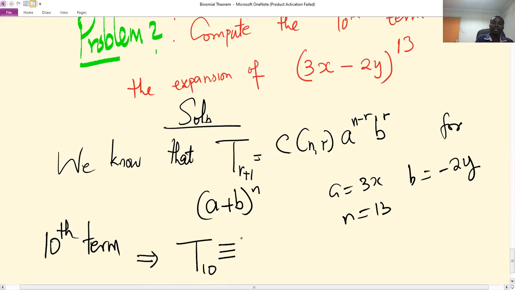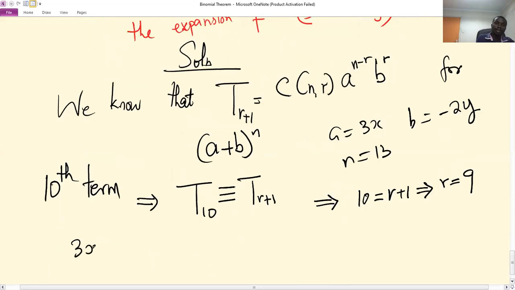Equating this to the general term T_(r+1), 10 equals r plus 1, which means r is 9.